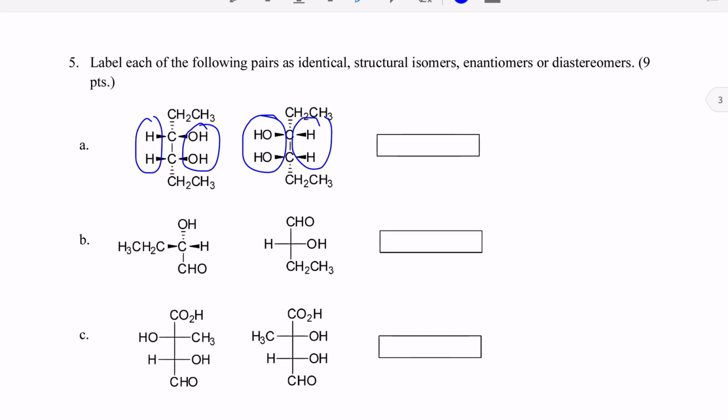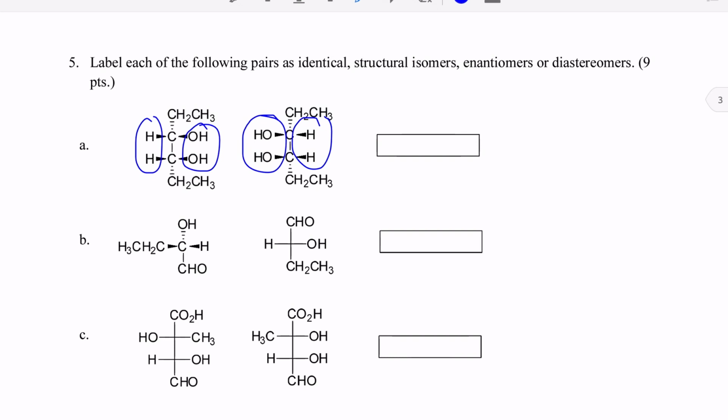The reason why is because there's a rule when dealing with Fischer projections: whenever you flip a Fischer projection 180 degrees, the resultant Fischer projection is the same as the original Fischer projection that you had before you rotated it.